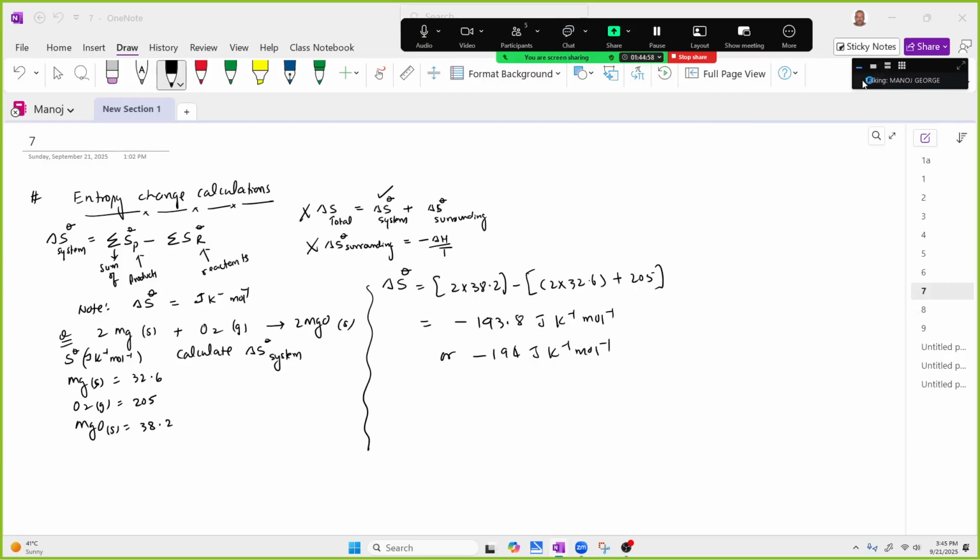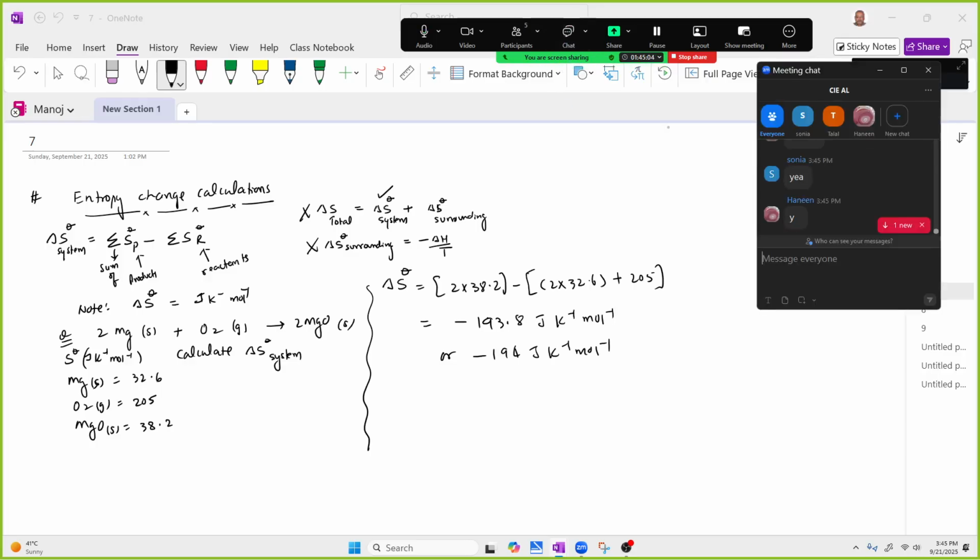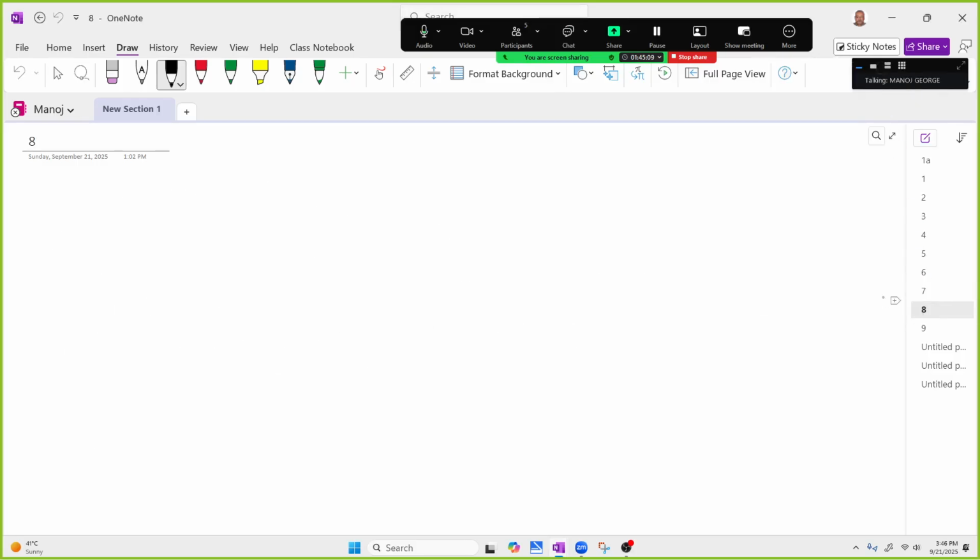Okay. So let's do a couple of more questions before we get to the sheet. Can we do one more quickly? Let's have a look at another one. That's N2 gas plus 3H2 gas gives 2 NH3 gas.